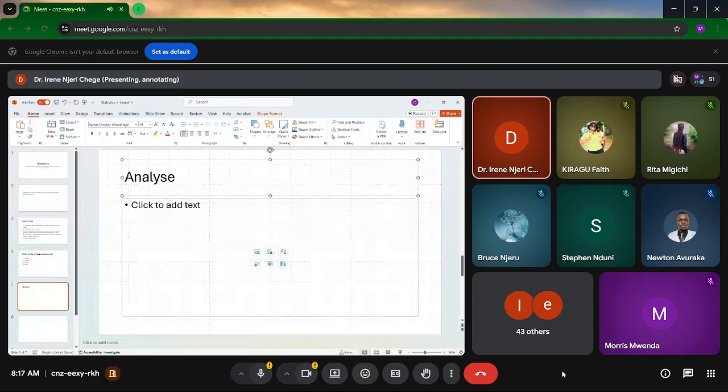In descriptive analysis of data, it means that you are describing the data you collected and summarizing it based on something called central tendencies, okay, and measures of dispersion.